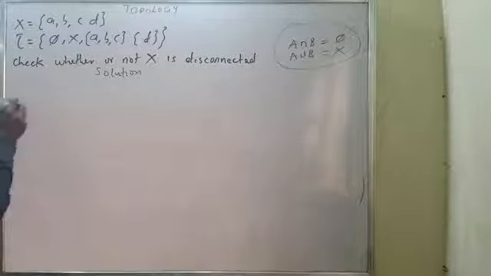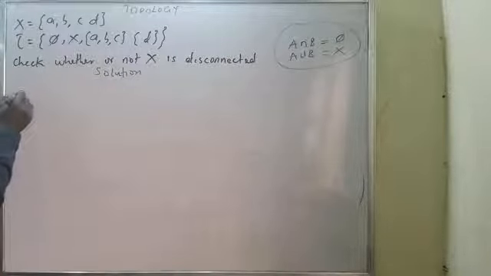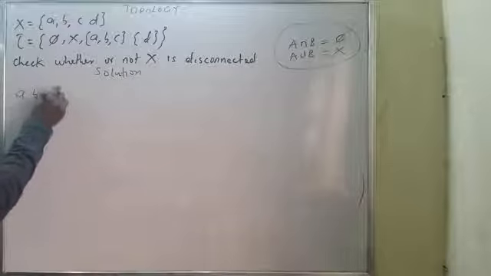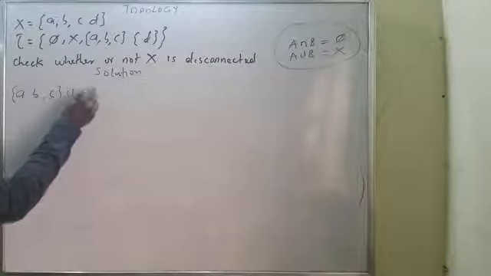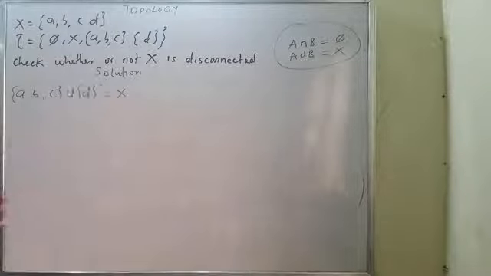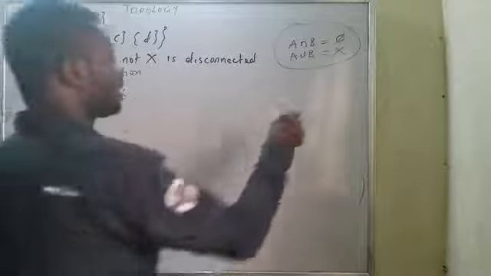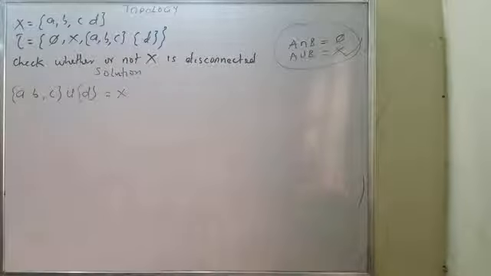Now, let's check what we need to do. From the given set, let's move on to the first one, A, B, C union D. It will surely be equals to X. Oh, that condition number one is satisfied. Now, the next thing I need to do is let's go to their intersection.